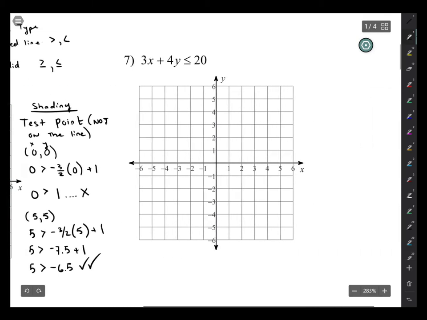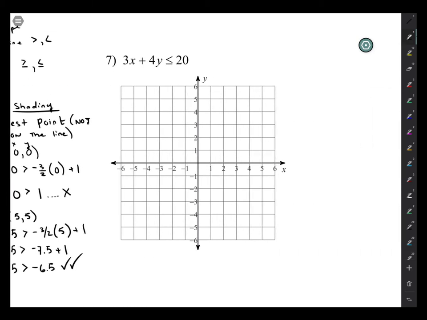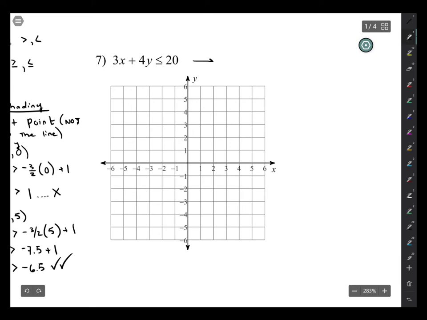For number 7, okay, use some other graphing techniques. You might want to get into y equals first. So for y is less than or equal to negative 3x plus 20, and dividing by 4, that means y is less than or equal to negative 3/4 x plus 5.